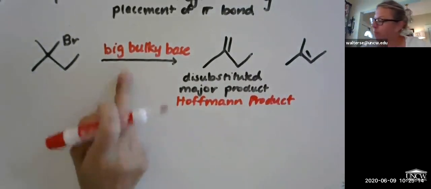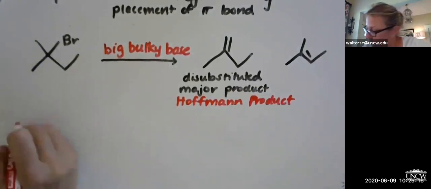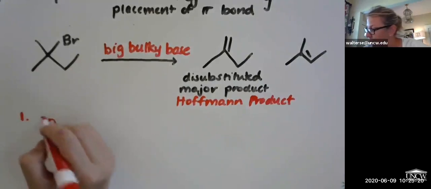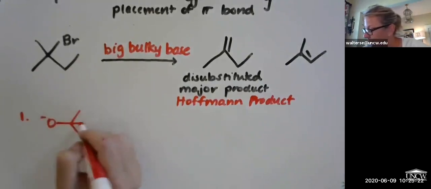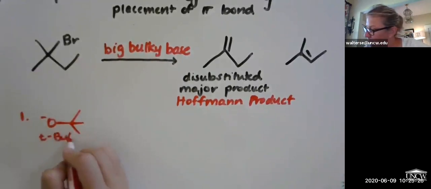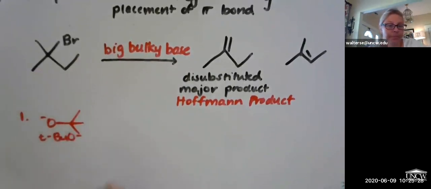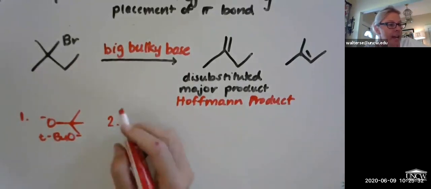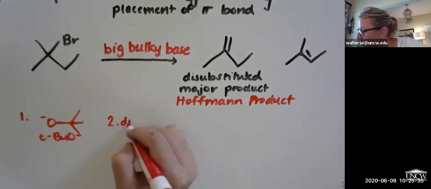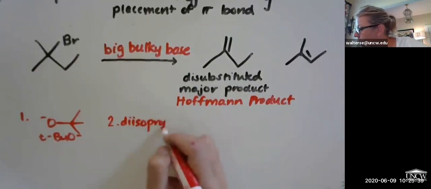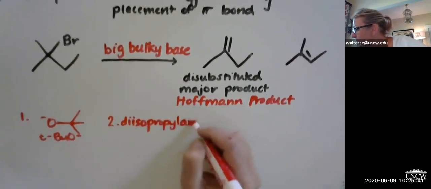Okay. So big bulky bases, there's three that are commonly used. The first is tertiary butoxide, TBUO. The second is called diisopropylamine.